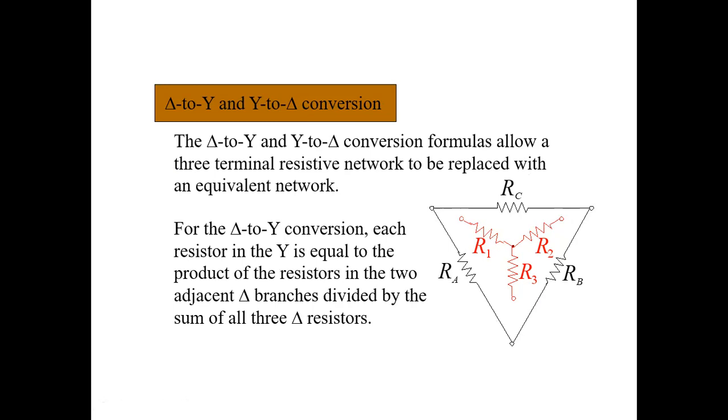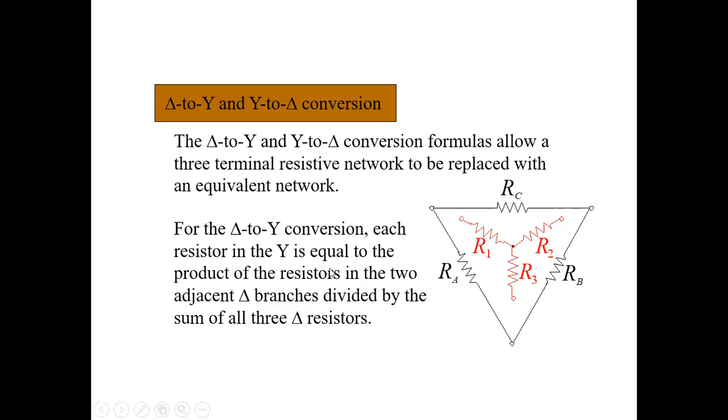Firstly, for delta to star conversion, each resistor in the Y is equal to the product of the resistors in the two adjacent delta branches divided by the sum of all three resistors. So when we are converting from delta to star formation, in that star, the one formed from Ra and Rc is R1.